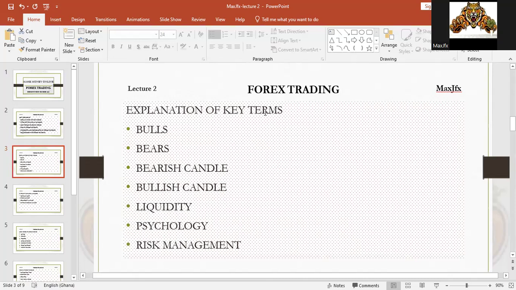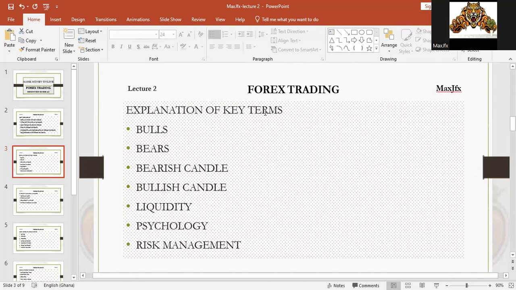All right, the next one is psychology. In forex trading, psychology is a state of mind that everyone wants to be in. In that state of mind, you have control over yourself, control over your decisions, control over your emotions.